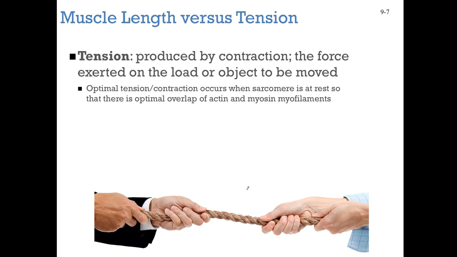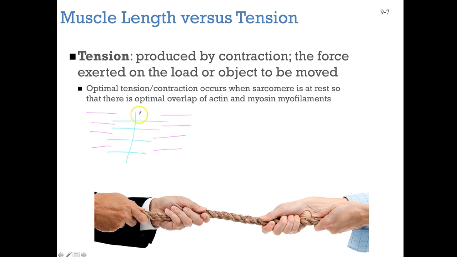If you are stretching your myosin and actin too far apart, so if my myosin would all be here, okay, and actin would be further out on the ends here, that is not going to give us our optimal contraction.